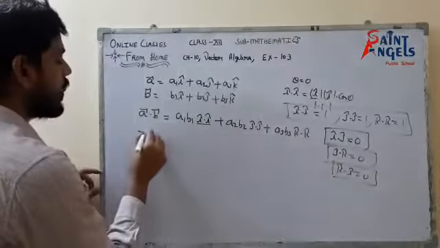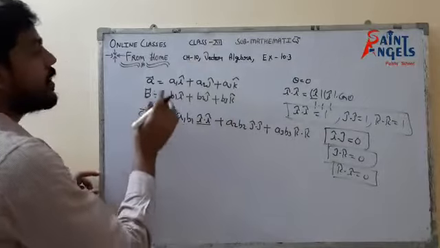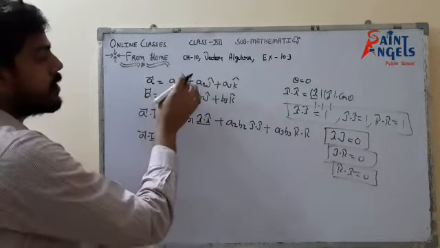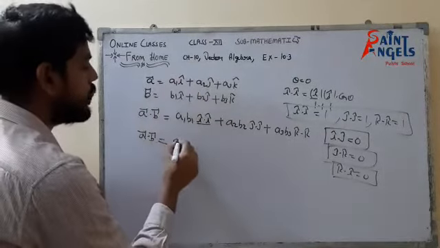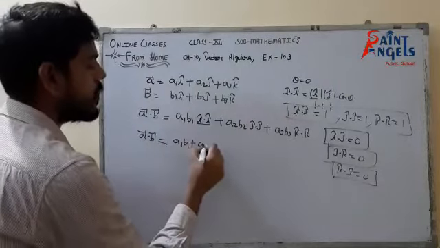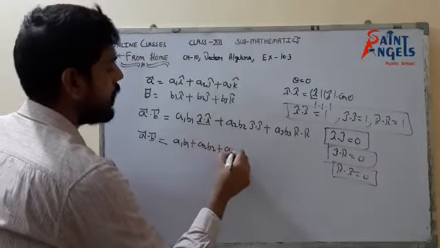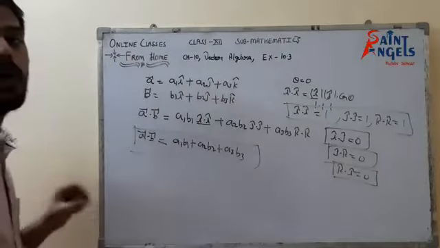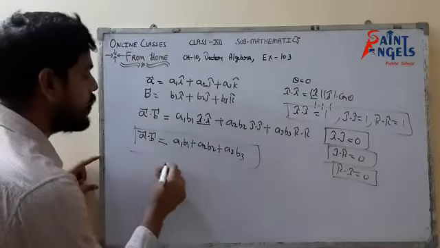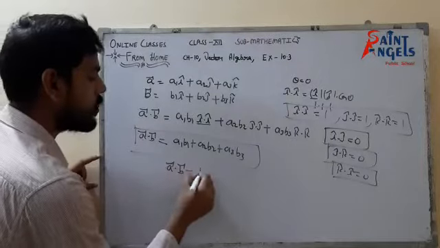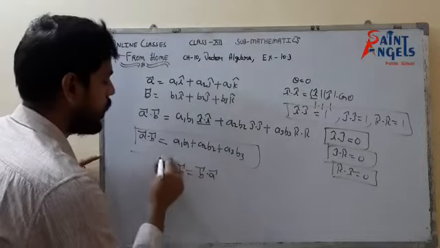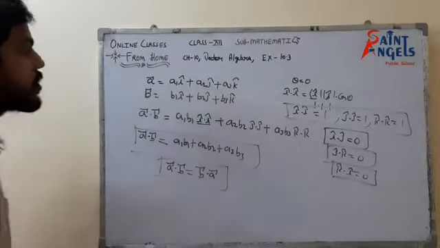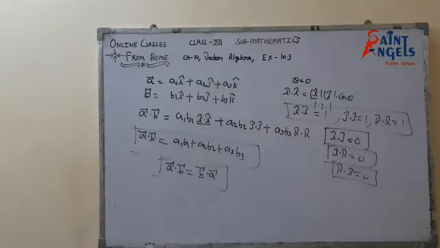Here vector A dot vector B is simply the product of the respective coefficients of i, j and k. So it would be A1 B1 plus A2 B2 plus A3 B3. And the dot product follows the commutative rule. It means A dot B equals B dot A. Now please pause the video and note it down.